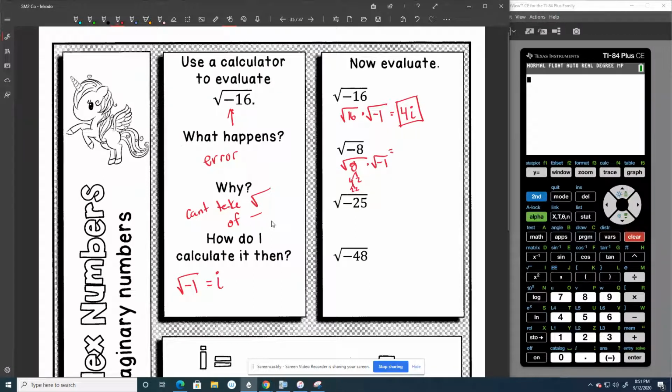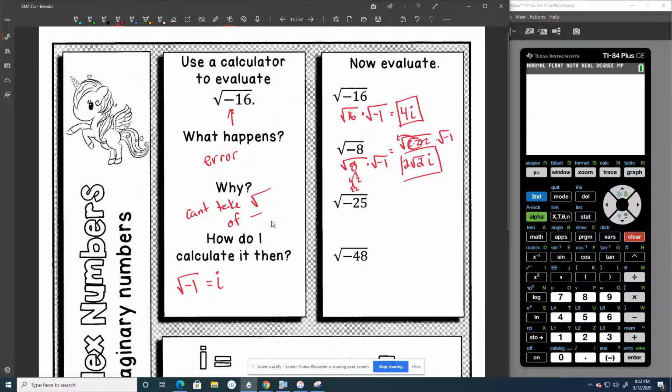So this one actually becomes the square root of 2 times 2 times 2 times the square root of negative 1. Well, this is a square root, so I'm looking for groups of 2 to pull out. And I have a group of 2 right there, so I can pull the 2 out front. I'm left with a 2 on the inside, and my square root of negative 1 is my i. So the square root of negative 8 is 2 root 2 i.